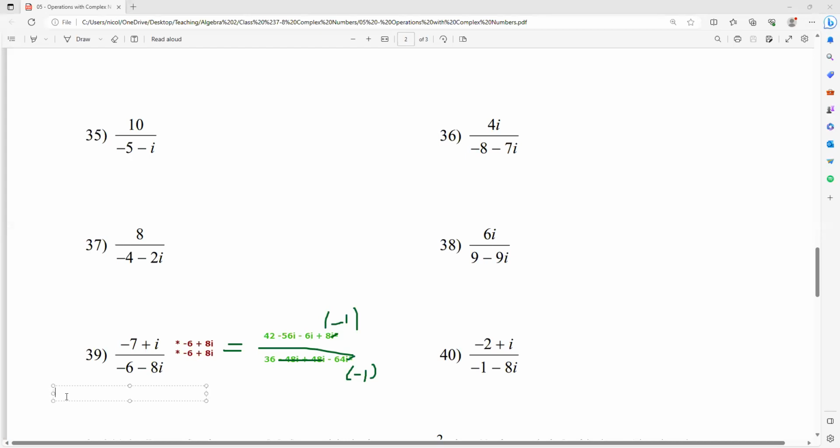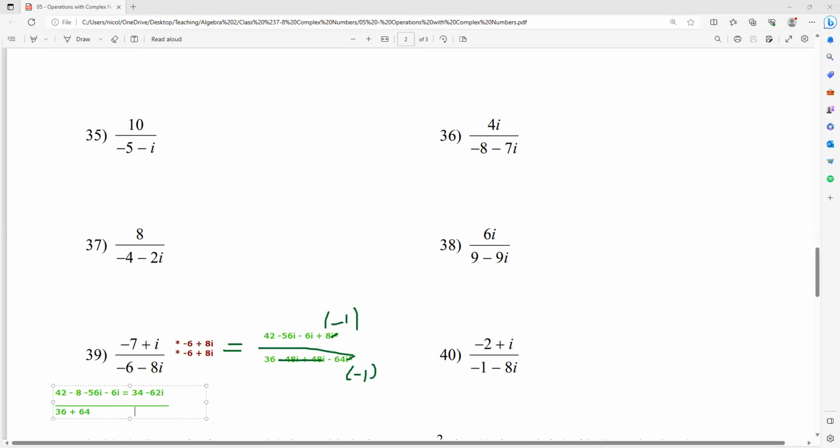So you now have 42 minus 8, negative 56i minus 6i. 42 minus 8 is 34. Negative 56 minus 6 is negative 62i. And so we're going to have that for the numerator. For the denominator, we're going to have 36 plus 64, and 36 plus 64 is 100.